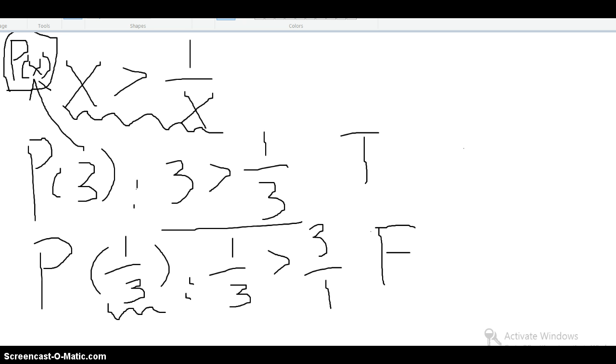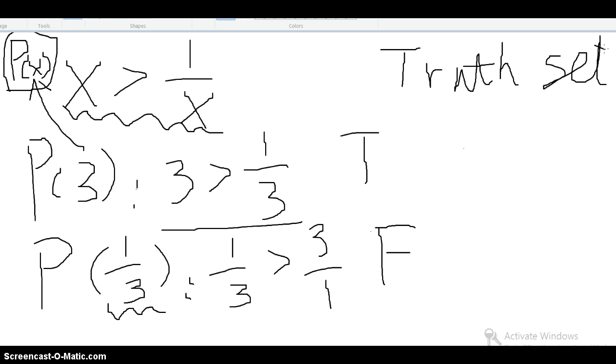So this number 3 should be in the truth set. But 3 is not the only number. I know 1/3 is not in there, but what about 4? If you do a quick check, you will find out 4 is also greater than 1/4. So 4 should also be in there. Even 3.5 should also be in there.